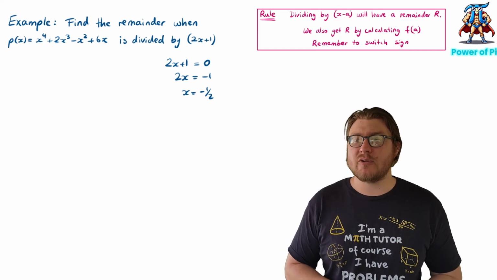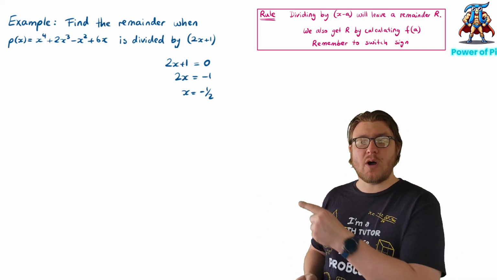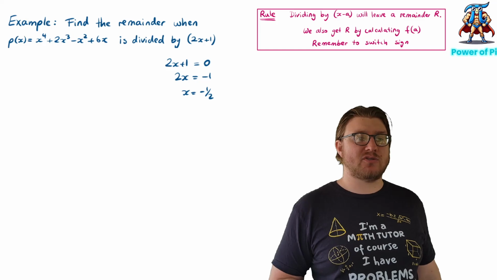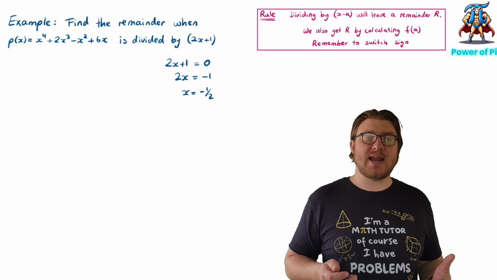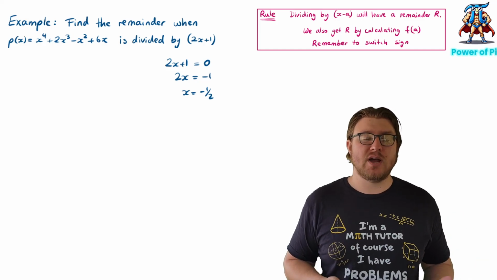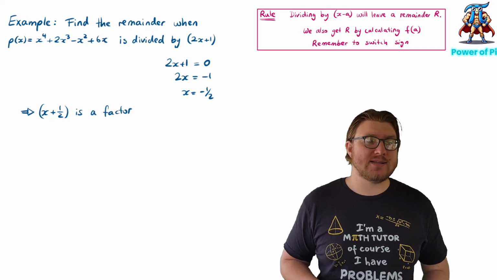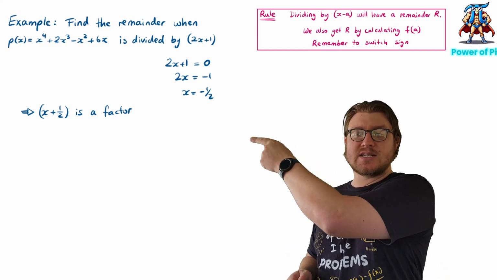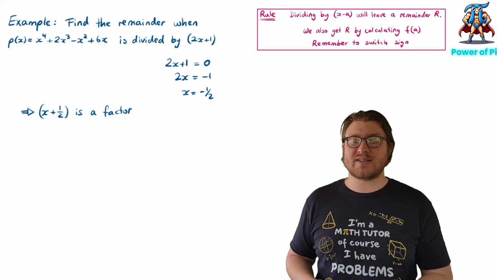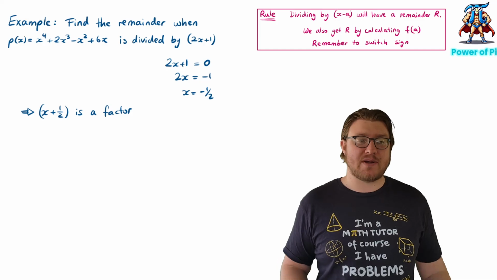So what we have here is our solution for the number that we need to substitute in. And remember, why did we switch the sign in our rule? Because what we did is we solved for equal to 0. So here we're going to switch the sign, and we have to divide by 2 in order to get our value. So all we need to do now is substitute that value in. And just as a reminder, x plus half is one of your factors. That is just the 2x plus 1 rewritten.